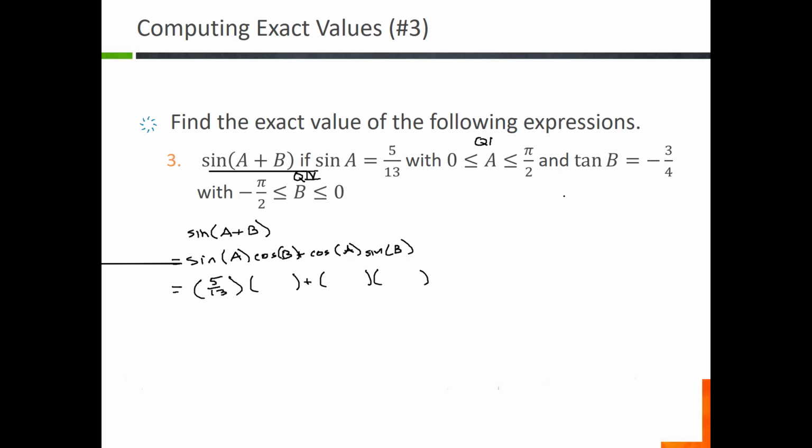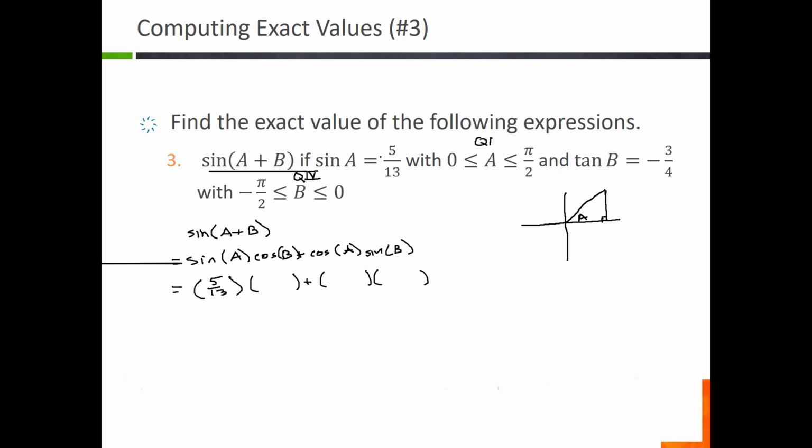So let's draw something that would represent angle A. So if we draw our axes, angle A has to be somewhere in the first quadrant. So here's angle A. And when you draw that, go ahead and draw a triangle. So let's draw a vertical line down from the top of your angle down to the x-axis. And that's going to form a right angle with the x-axis.